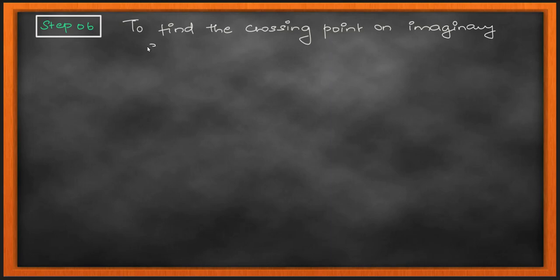Now let's go to step 6. The last step in our computation is step 6, which is the meeting point on the imaginary axis. So you need to find where on the imaginary axis this control system is going to lie.